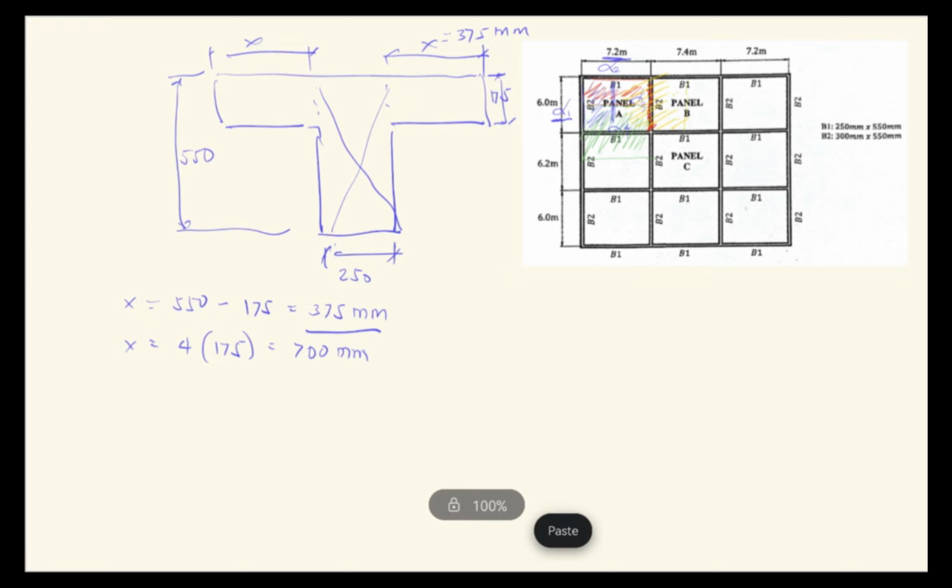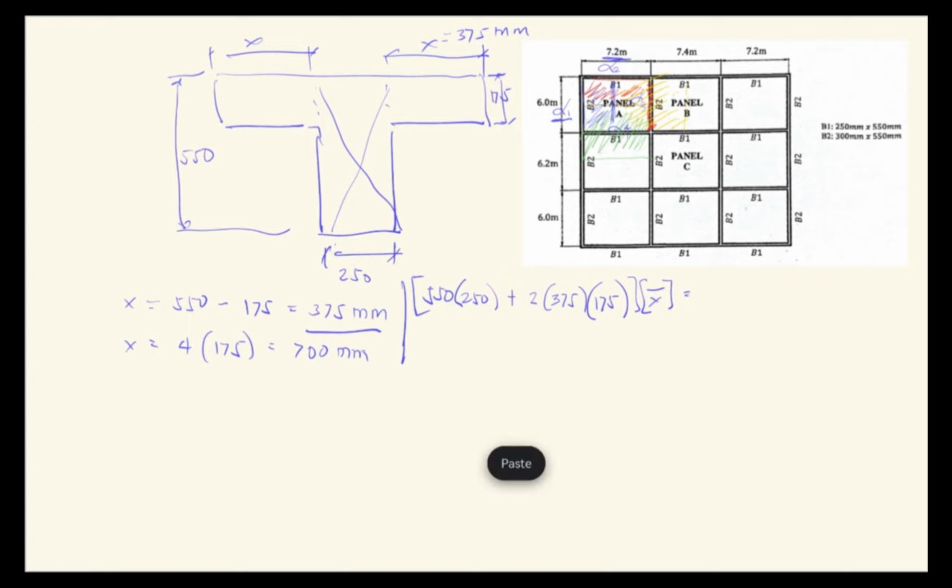So we'll then have 550 multiplied by 250 plus twice of 375 and 175. Okay, and y bar, say y bar is here. Of course, our reference is the same, this bottom part of the cross section.